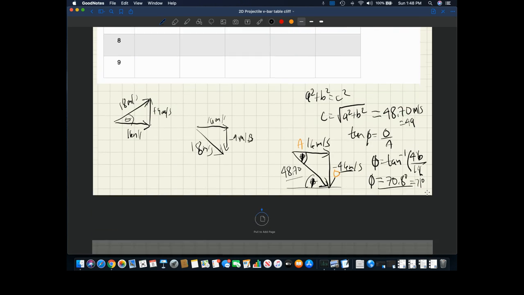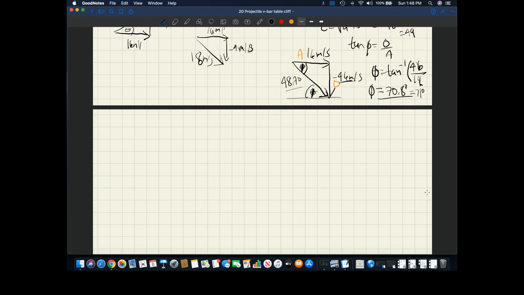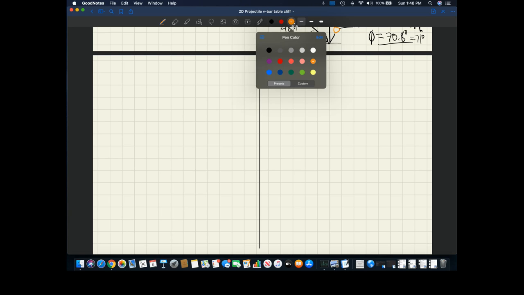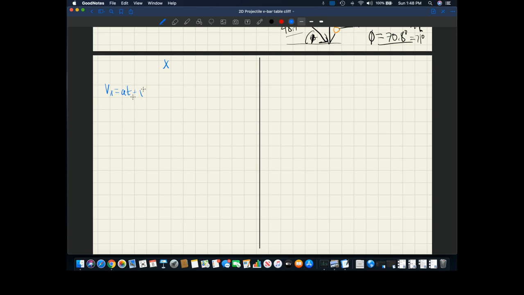Just the way we did the previous problem. We set up a system of equations for both dimensions, x and z. So for our x, we have Vx equals AT plus V0. The acceleration horizontally is 0, and so we just have this 15.58.